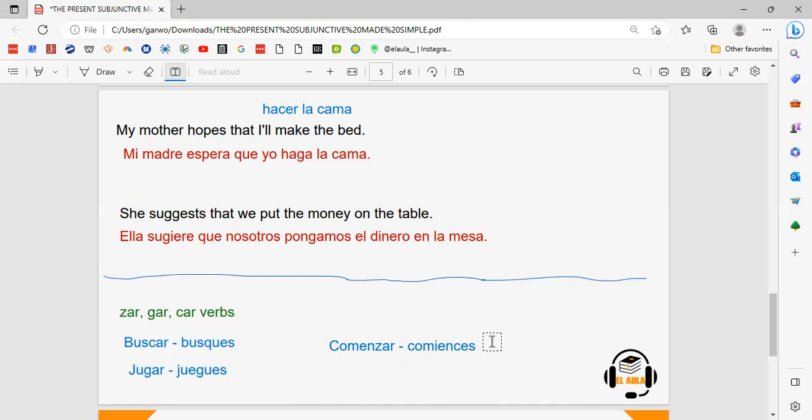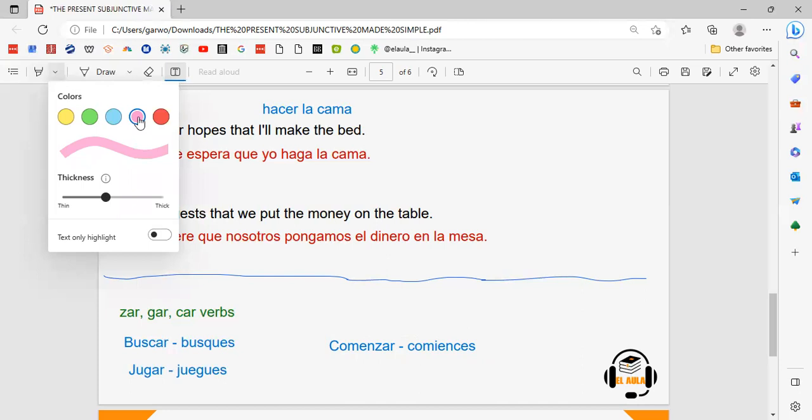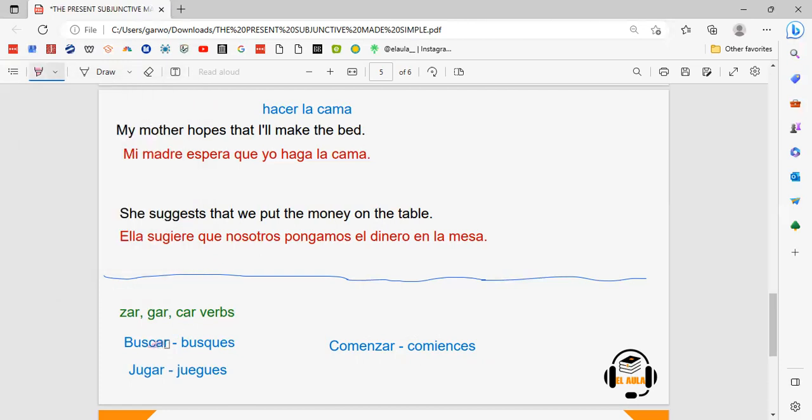So we're looking at phonetics. All we need to remember is that when we are working with CAR verbs in the present subjunctive, we're going to change that C to a QU.